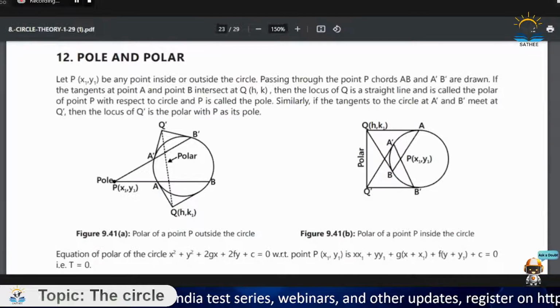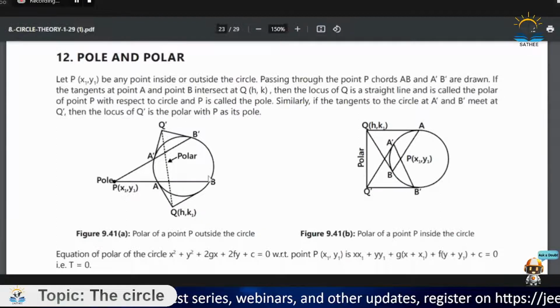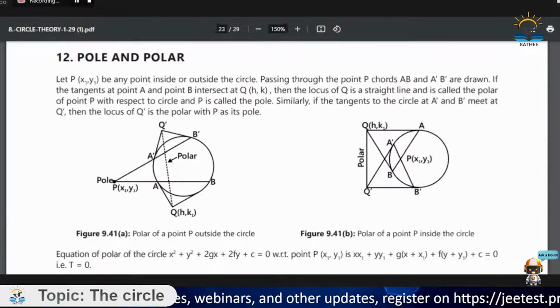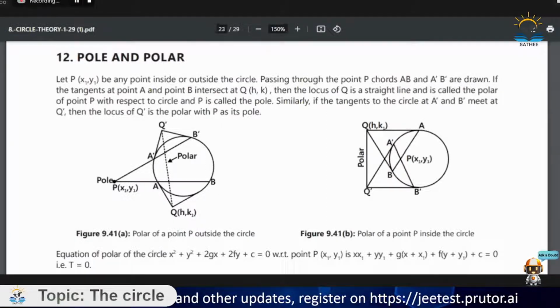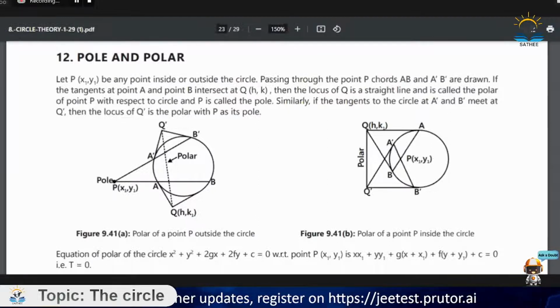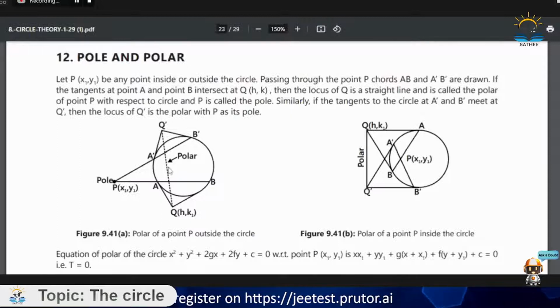And from AB we draw a pair of tangents, and their point of intersection is Q. And from A dash B dash we draw another pair of tangents, and their point of intersection is Q dash. And the line joining Q and Q dash, that line is known as the polar.